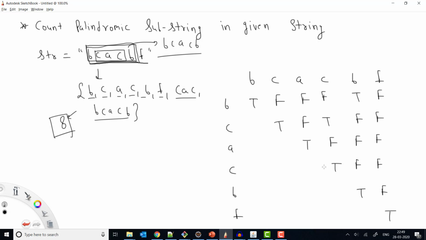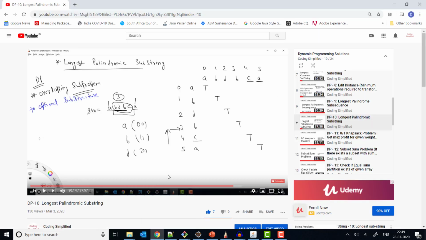So let's start from here and see how we fill these values. This is exactly the same string we have written, BCACBF, and here also we have written BCACBF, right? And guys, I will not explain how I am filling all these values. That is why I am saying that if you haven't seen that video, please go and see how we fill these values, right?